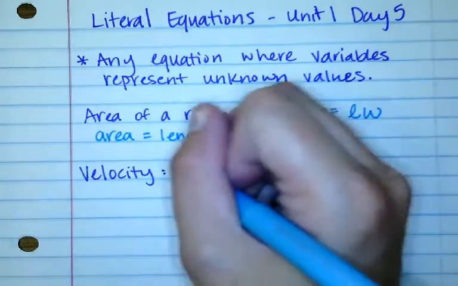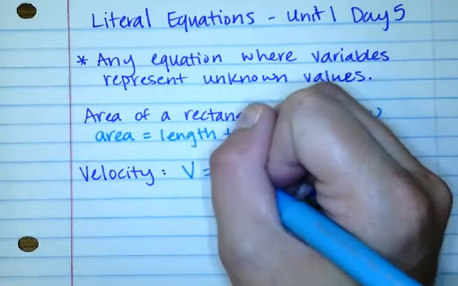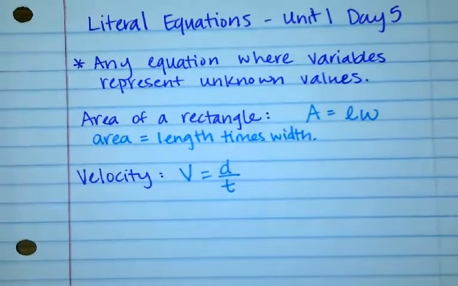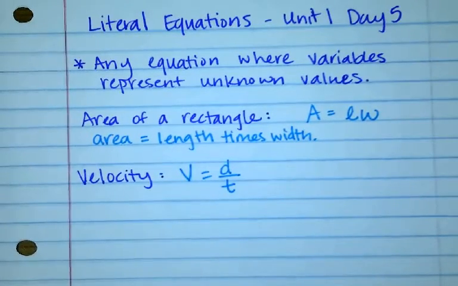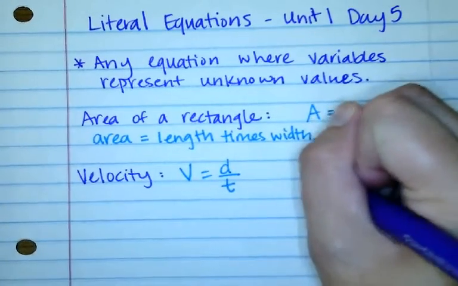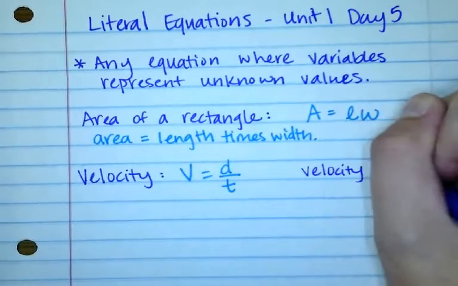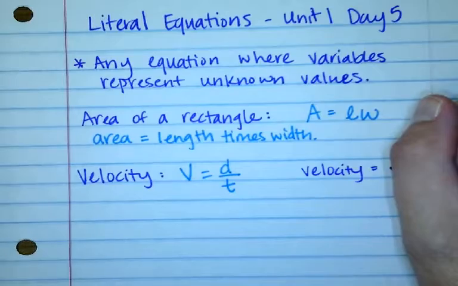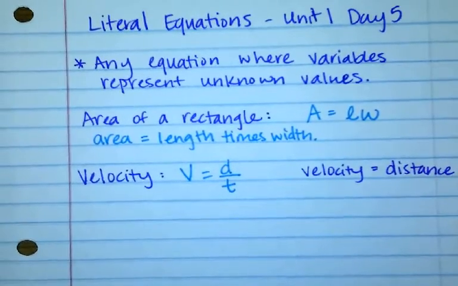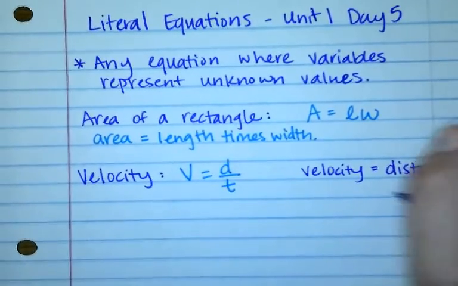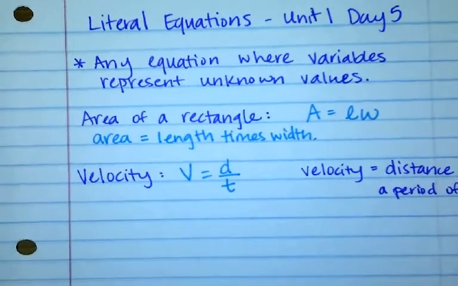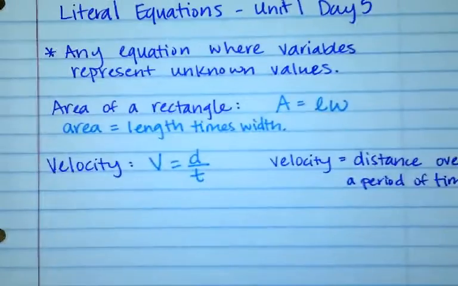I'm going to say V is equal to D over T. Okay? So guys, in words, my velocity is equal to my distance traveled over a period of time.